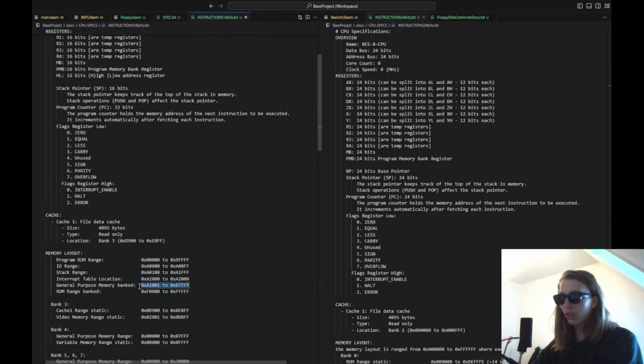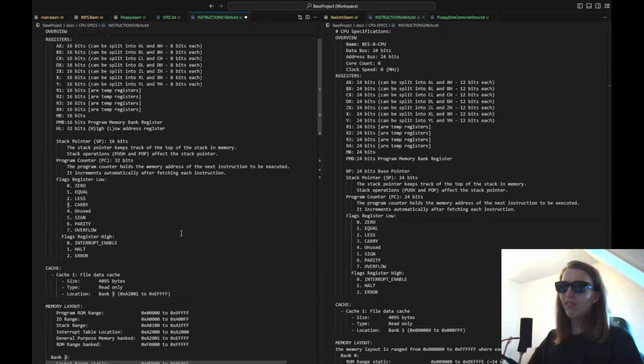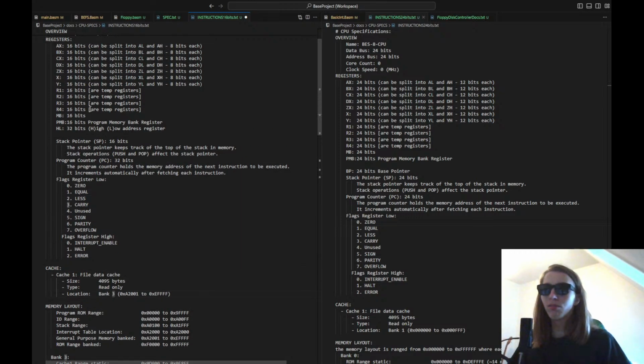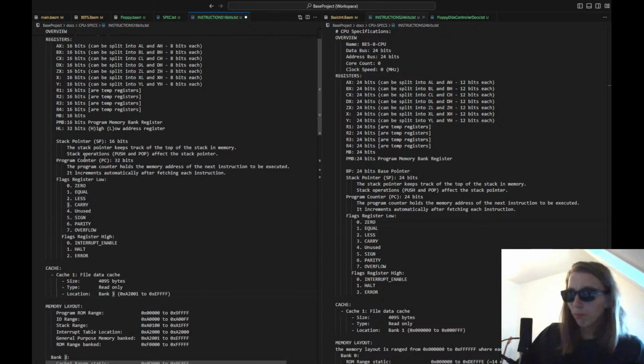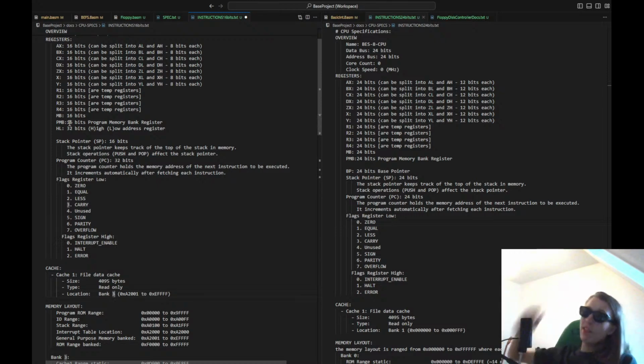Location right here, and bank. How many banks do we have? Where is our MB? That's 16. Let's bump that down to 8.